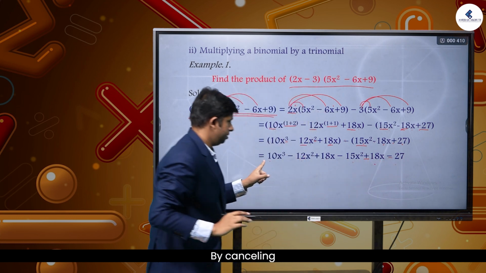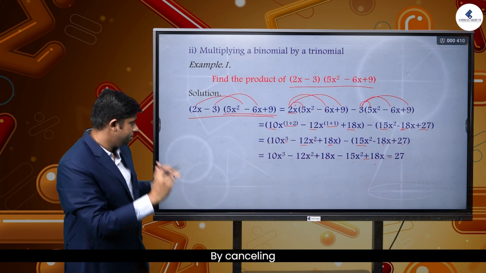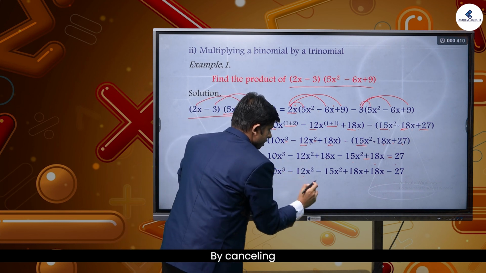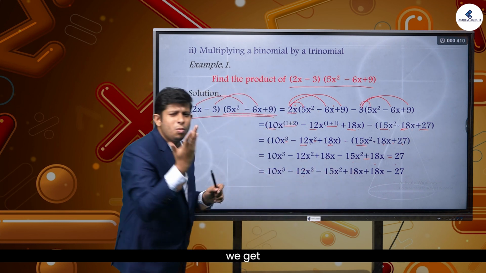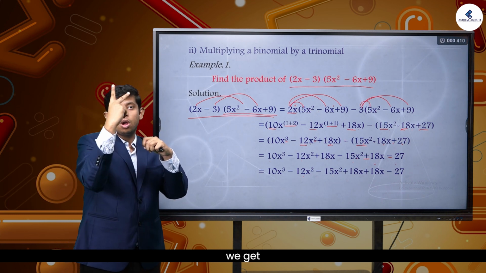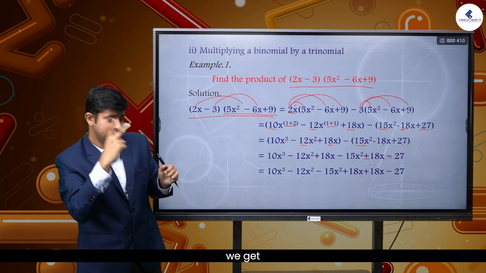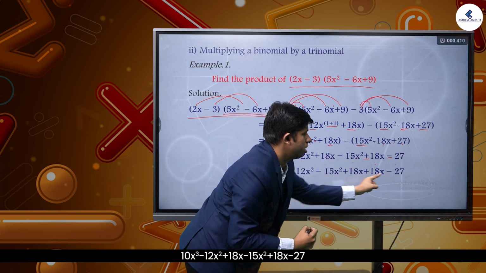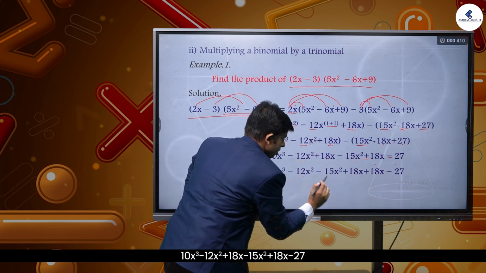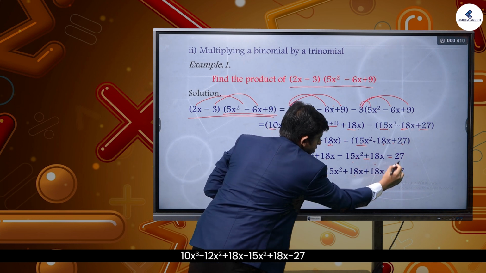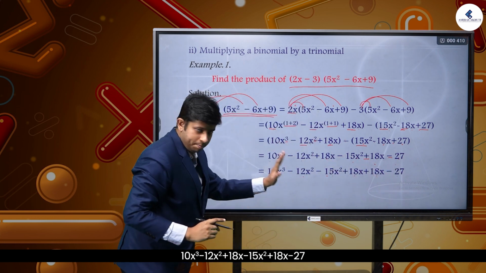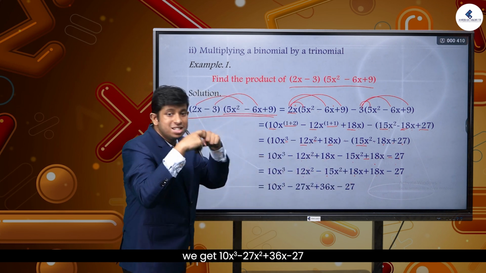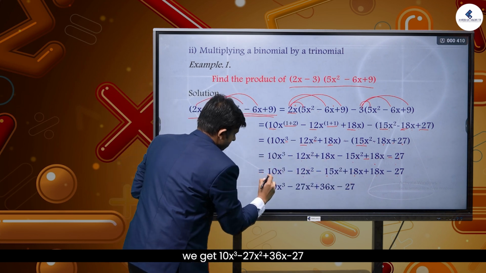By cancelling, we get 10x cube minus 12x square minus 15x square plus 18x plus 18x minus 27. Therefore, we get 10x cube minus 27x square plus 36x minus 27.